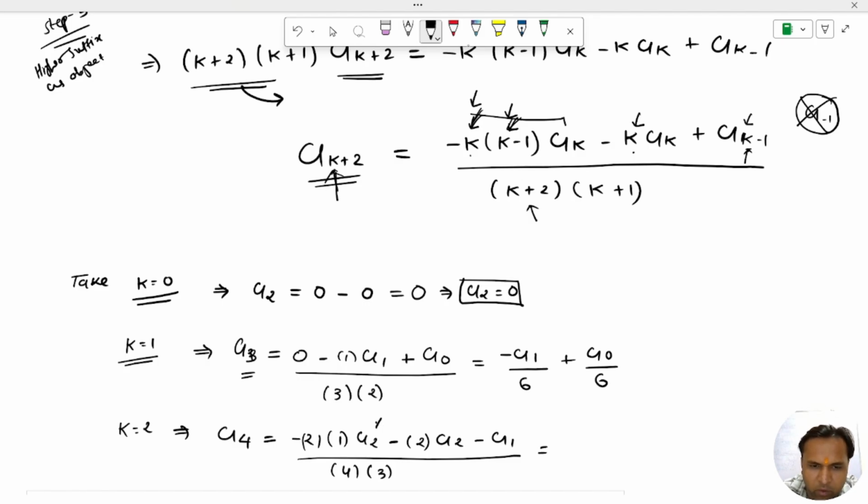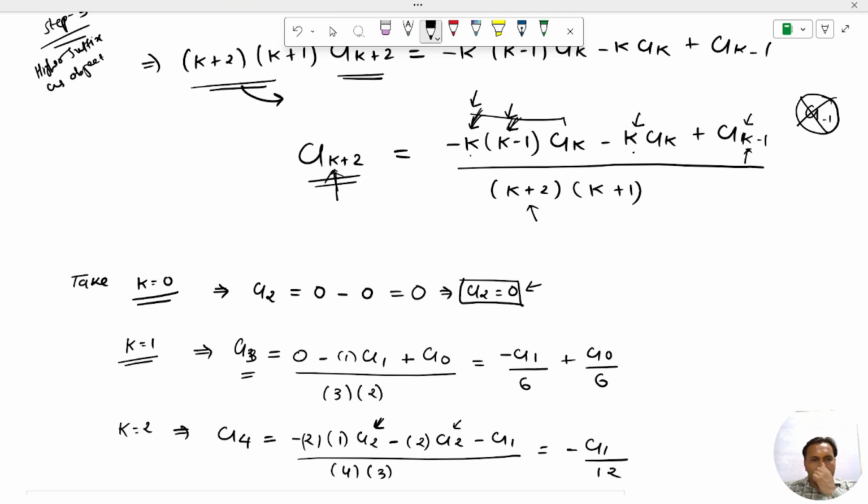As we know a2 equal to 0, this one becomes 0 and this one also becomes 0, right? So we just have minus a1 by 12.